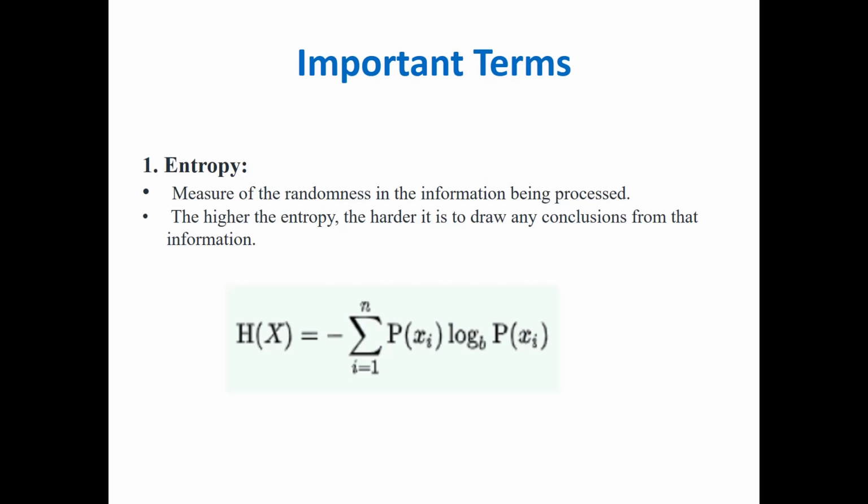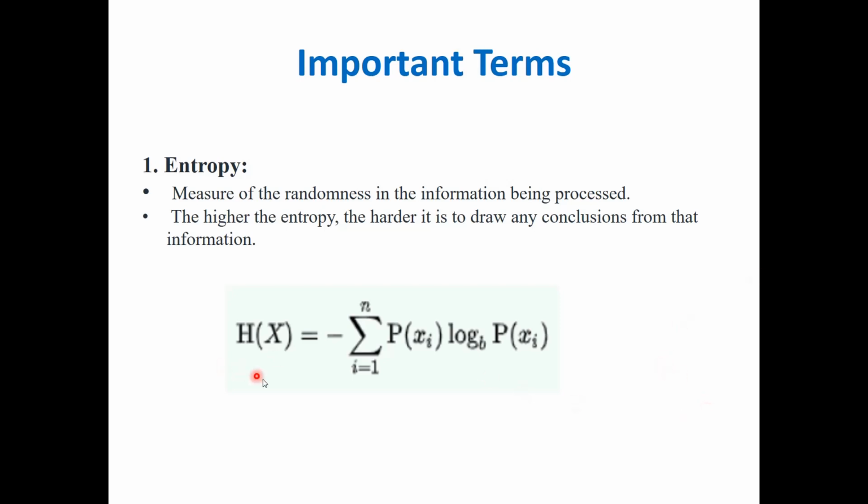If the entropy is higher, the harder it is to draw any conclusion from that information, because there is randomness in that data. So if entropy is higher, then randomness is more, and it will be difficult for us to draw any conclusion.